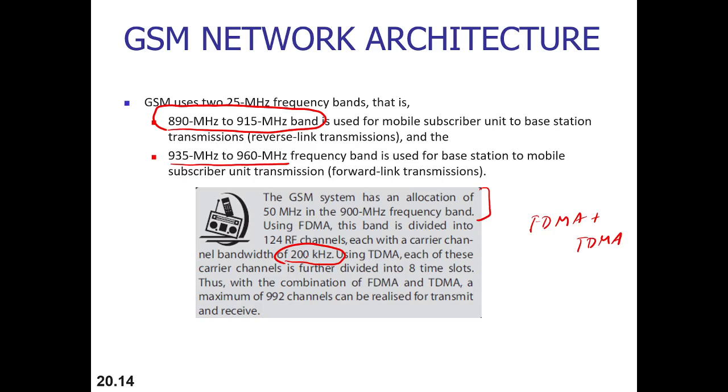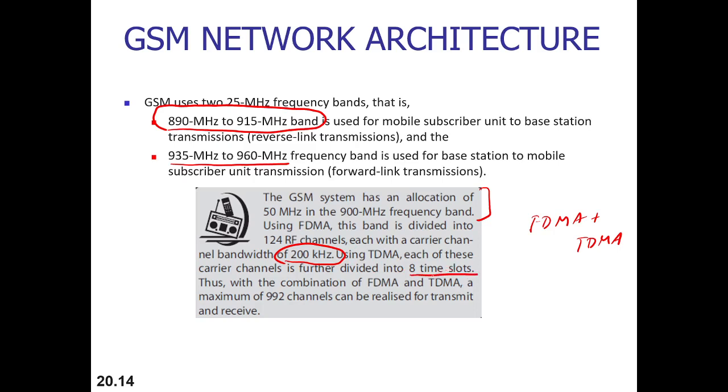That's where the frequency division multiplexing comes in. You've divided the band into multiple channels, 124 RF channels, each of bandwidth 200 kilohertz, and for every channel we are going to bring in TDMA. On a time division multiple access basis, we are going to divide every channel into a further 8 time slots.